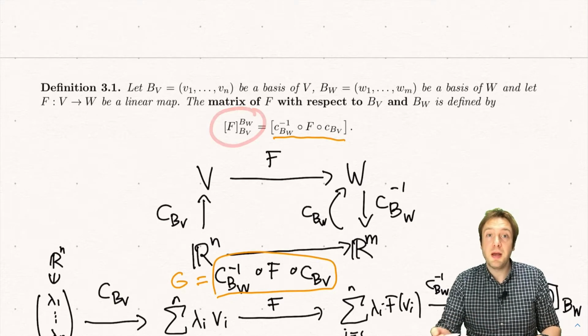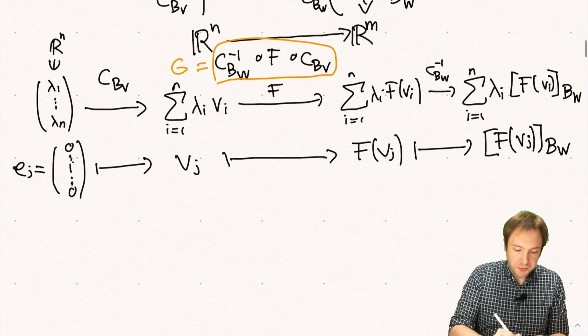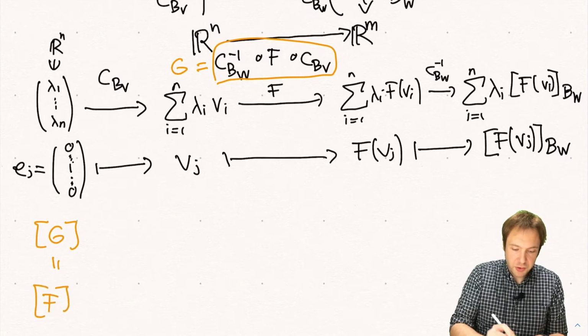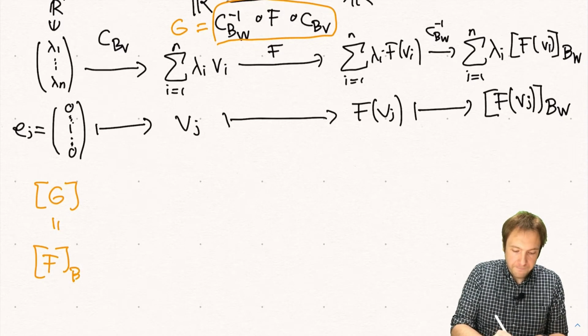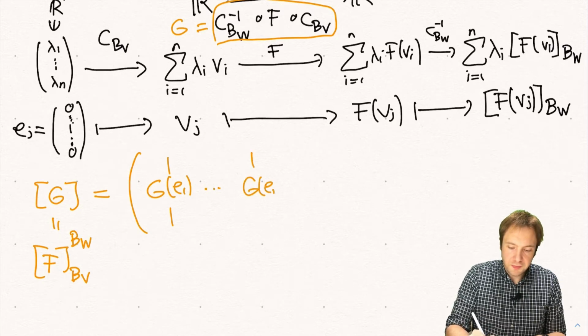This is the matrix of the linear map F. Well, the first column is G of e1 here, and the last is G of en.